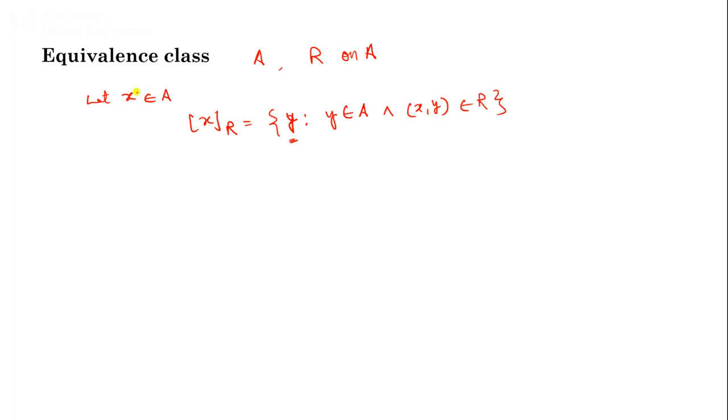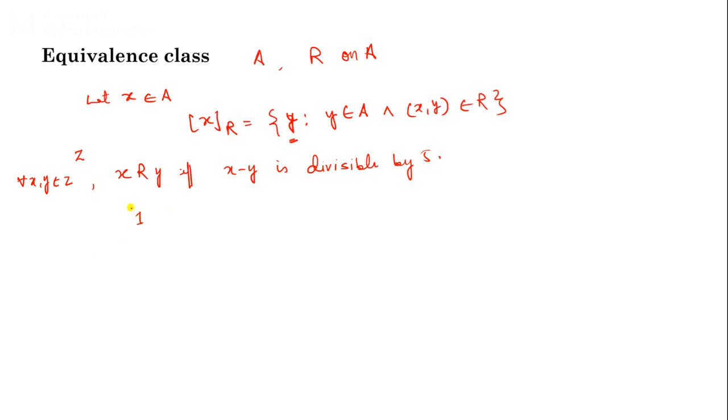For example, consider the relation defined on the set of integers Z, where for all x, y belongs to Z, x is related to y if and only if x minus y is divisible by 5. Suppose we have to find the equivalence class of 1.